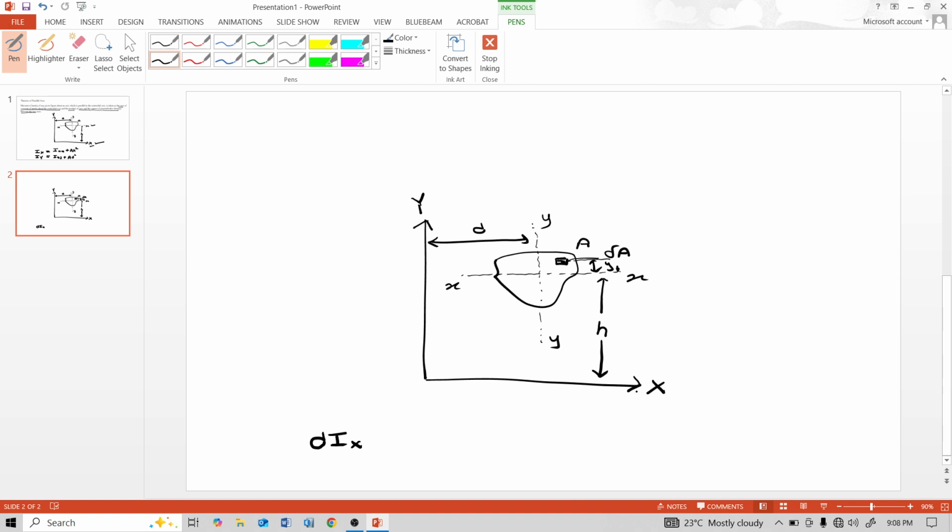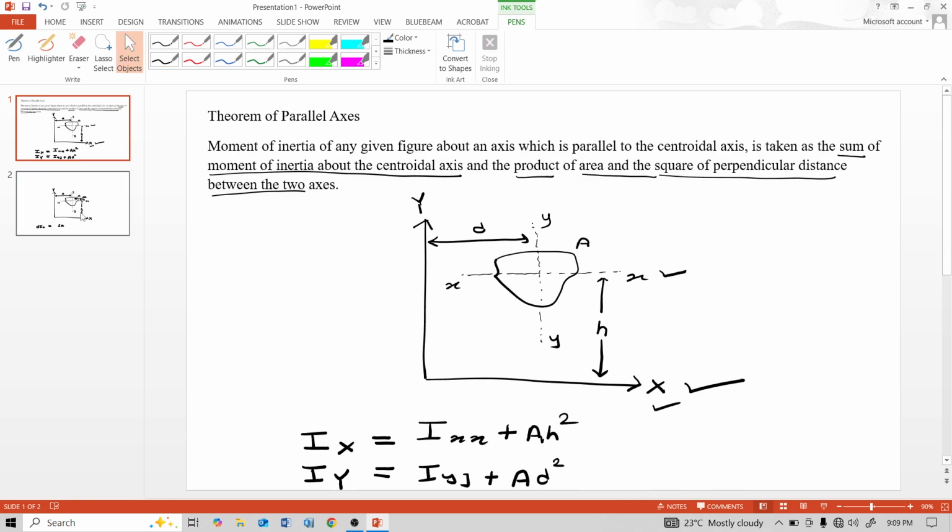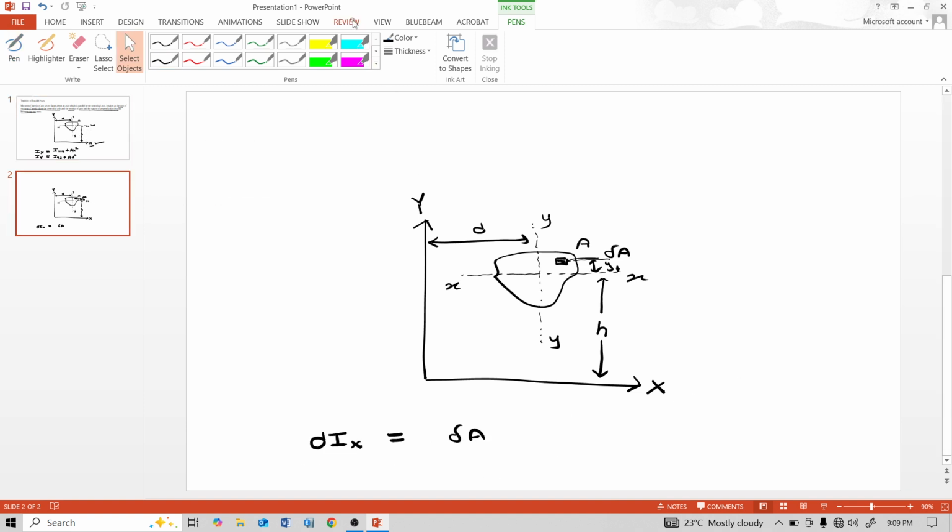Consider a small part of this capital X-axis, and the moment of inertia of this small part is delta A into the distance from the small x-axis, that is delta A into y1 plus h, square.